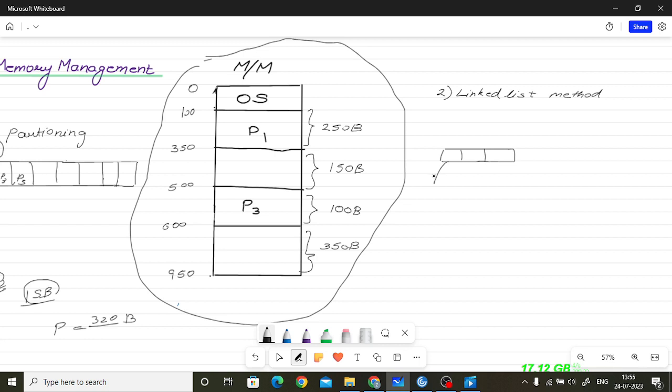Okay, and this linked list entry has 3 parts. This part will contain the information whether there is a process or a hole in the memory, and this will store the starting address of that space and the ending address.